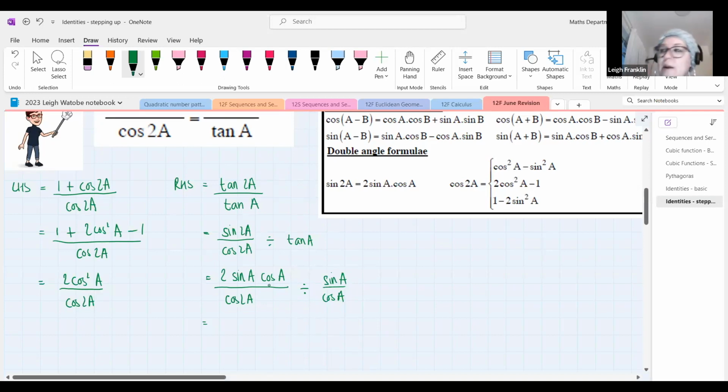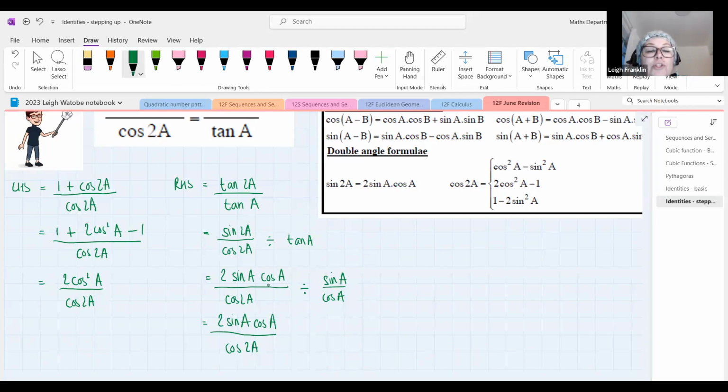How do we divide fractions? What's the rule for dividing fractions? When dividing fractions, we know that the numerator will go to the denominator and vice versa. That's it.